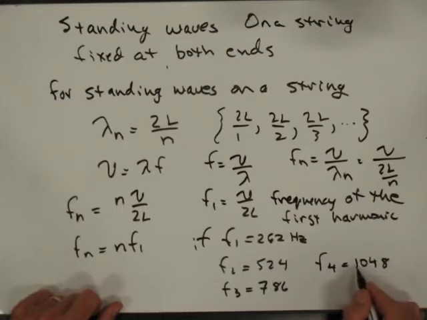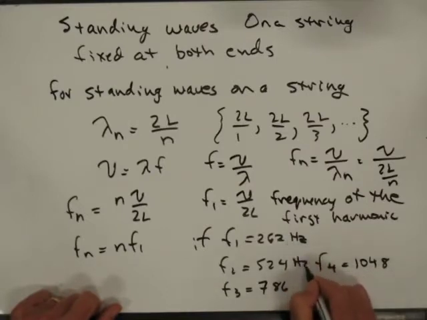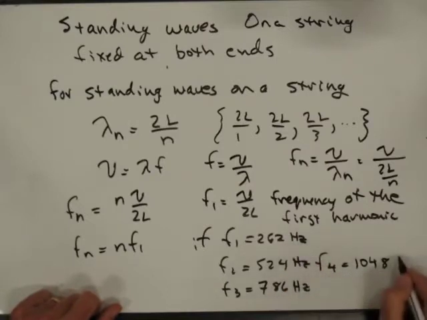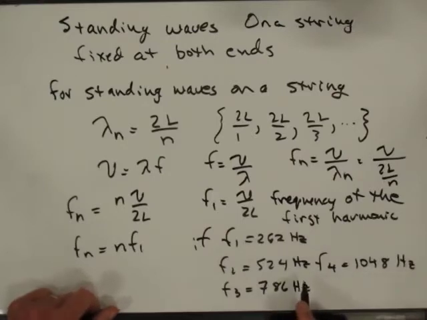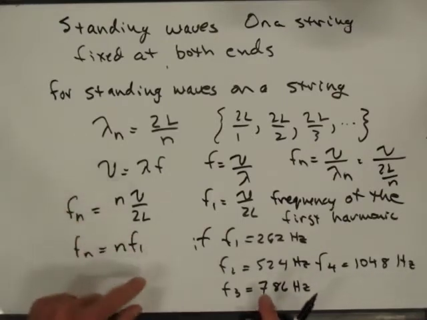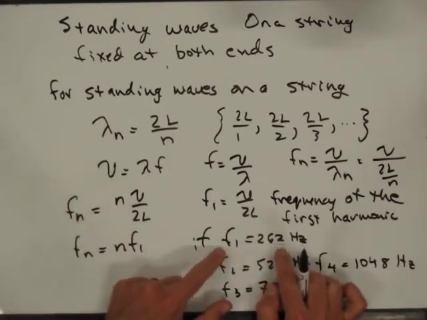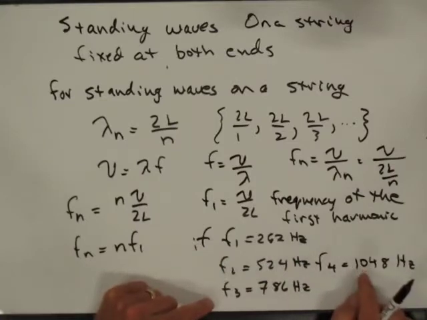Did I do that right? 786 looks reasonable. These are all in hertz. And so that means a guitar string that can play this for a fundamental can also play these guys, because there's standing waves on that string also.